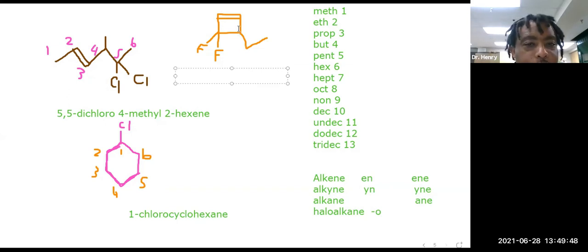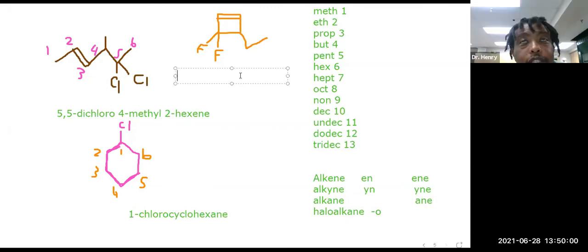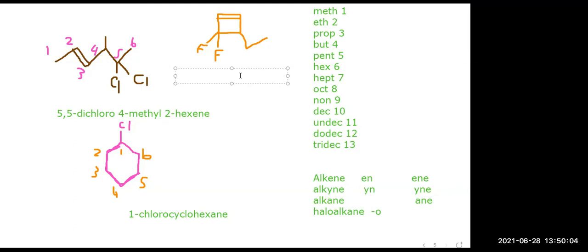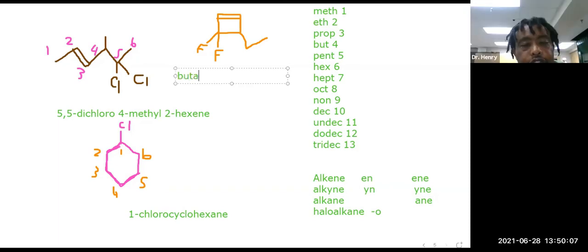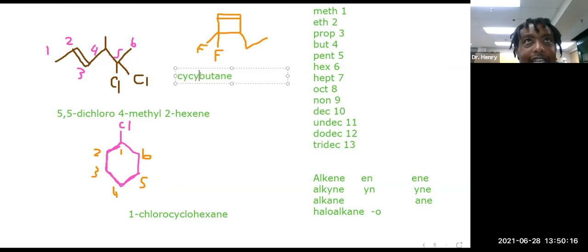How many points are in a square? 4. So a 4-carbon chain. Butane. Since it's connected in a circle, what do we need to put in front of it? Cyclo. So cyclobutane.